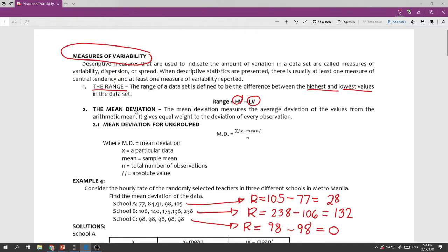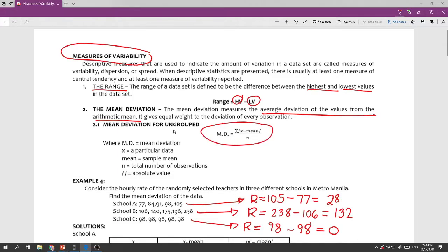Okay? Now, the mean deviation. The mean deviation is simply the deviation, the average deviation from the arithmetic mean. Okay? It gives equal weight to the deviation of every observation. This will be our formula.